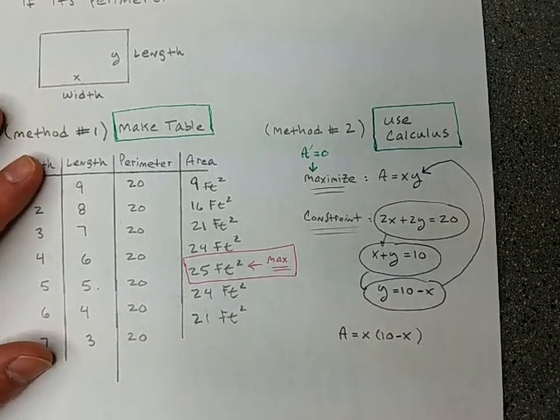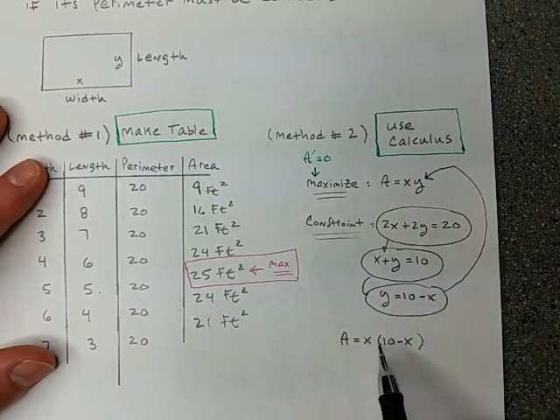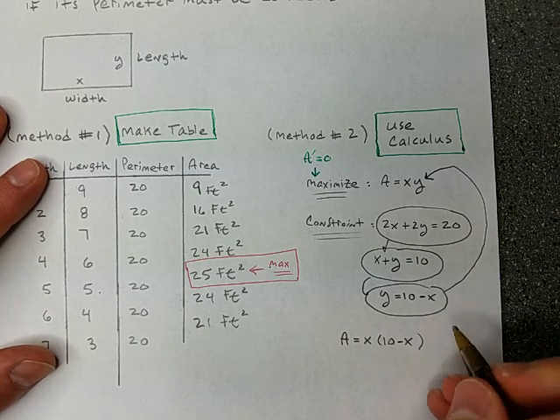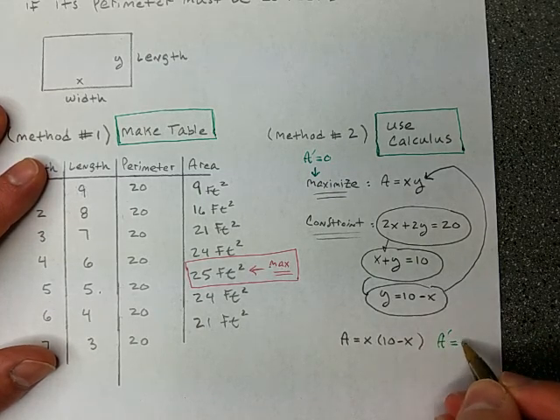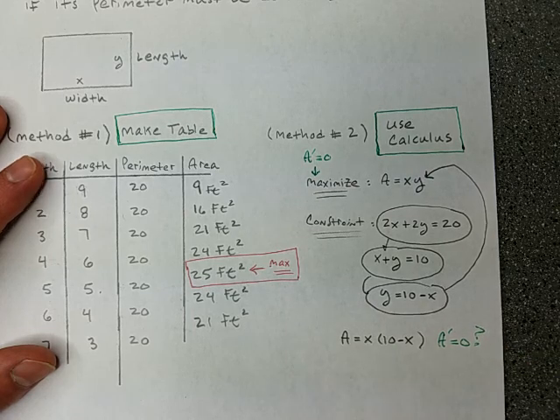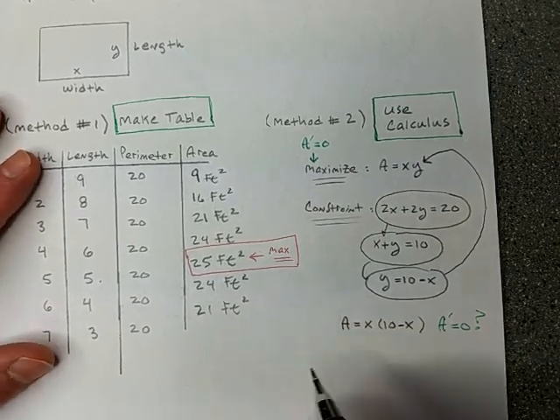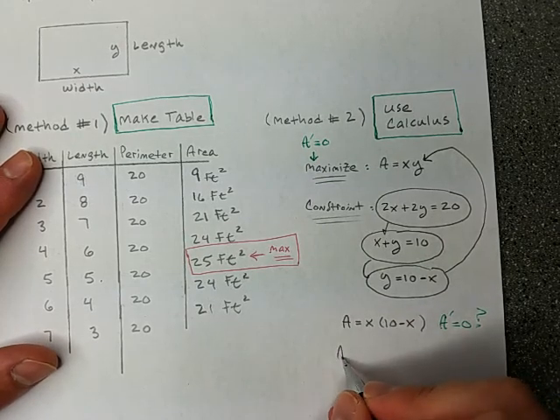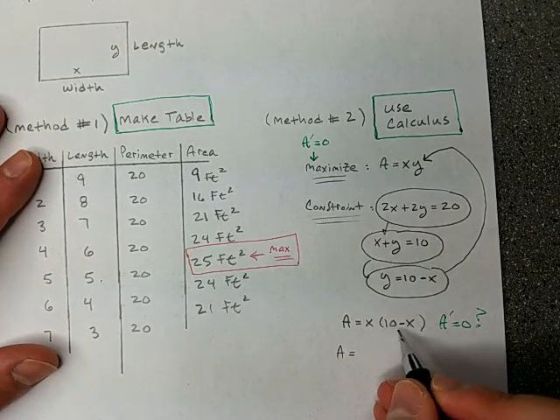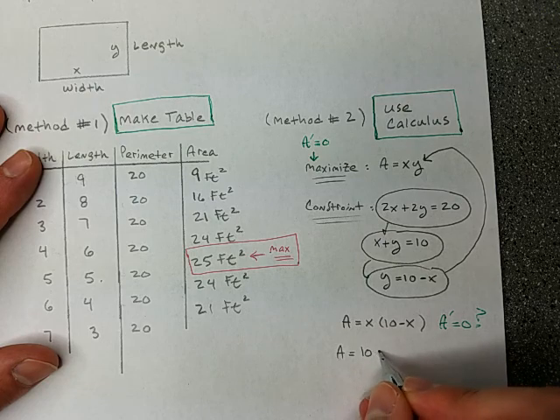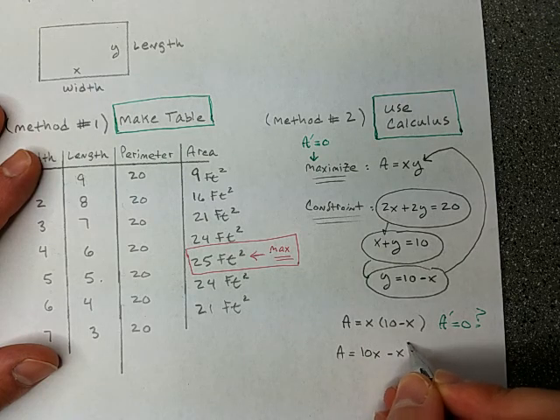Now, from here, if we find the derivative and set it equal to 0, it will take us to our answer. It will find us this maximum value. Now, for me to take the derivative of this, I think I'm better off if I multiply all this together. So I'll do 10x minus x squared.